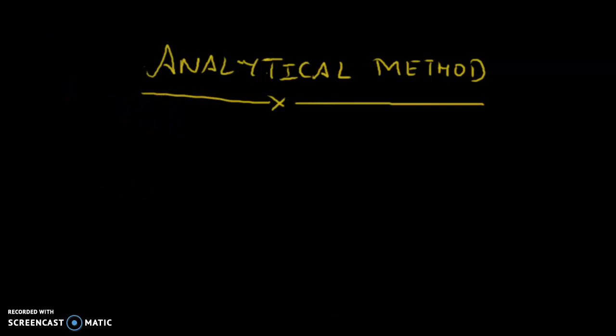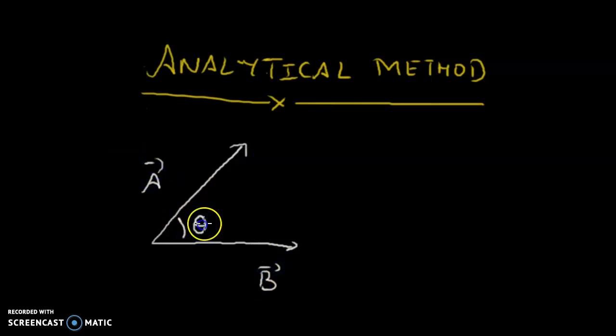So in the analytical method, if you are having two vectors, say for example vector A and vector B, and the angle between them is theta. So if I need to add these vectors A plus B, concentrate.